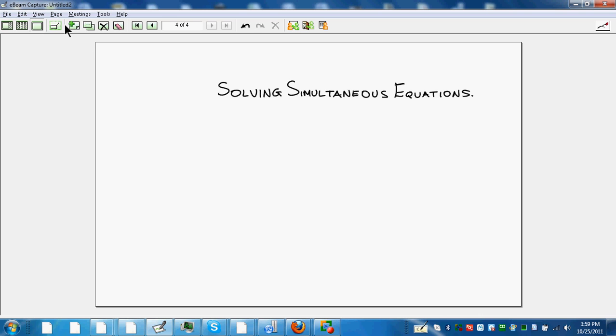And below that you write, whenever we have a pair of equations with a pair of unknowns, then the pair is known as simultaneous equations.